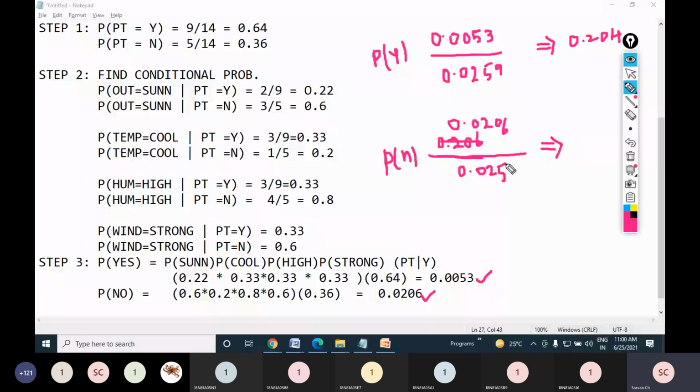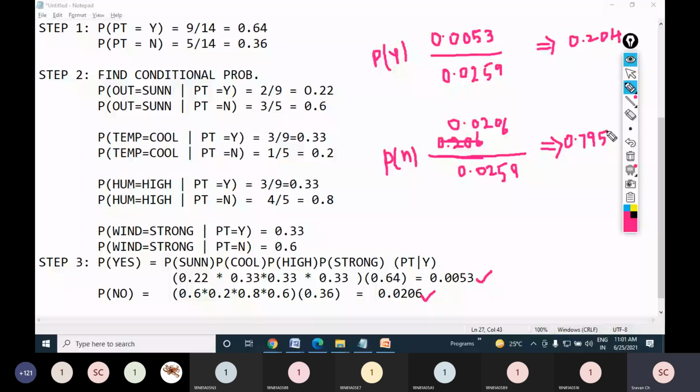So what is P of n? 0.0206 divided by 0.0259. It is touching somewhere around 0.79. It's a big number, I'm not writing it all, 0.795 like that. It has a lot of precision.